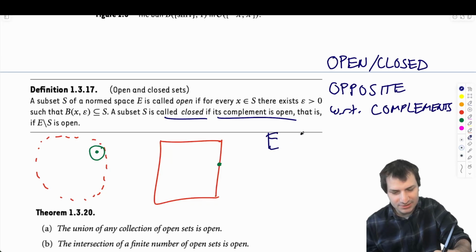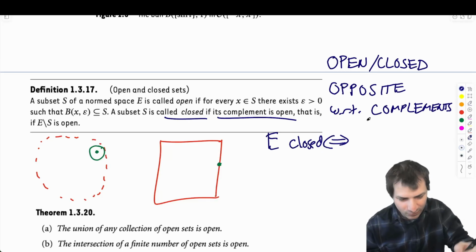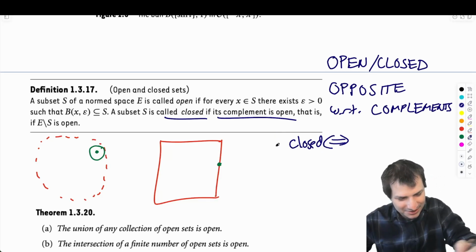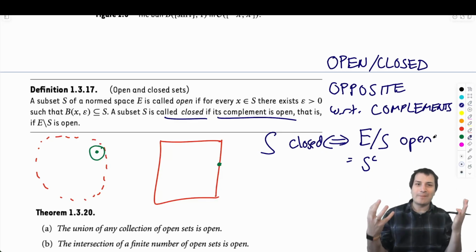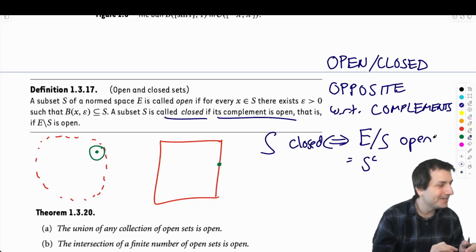So E is closed if and only if... I wrote E, but I meant to write S. Let's fix that. S is closed if and only if E take away S, which is also called S complement, is open. So open and closed are opposites with respect to complements. It's very important that you know they are not logically complements.